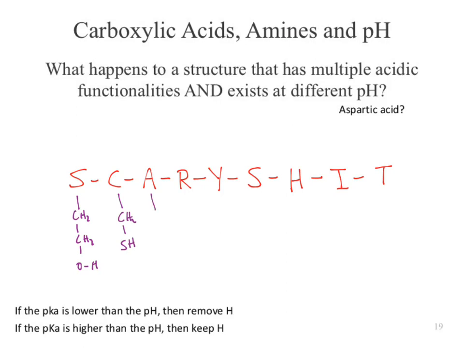Alanine, I always get alanine and glycine confused. Is it just hydrogen? See, I can never get that one right. Arginine, there's some nitrogens. I think it's this one. It's usually written out like that, right?